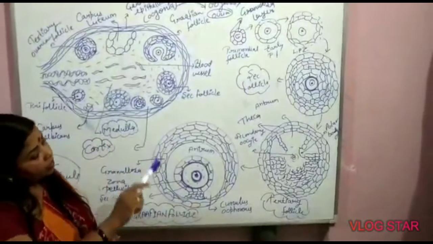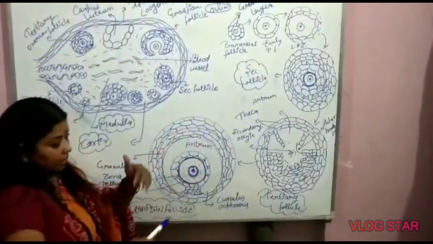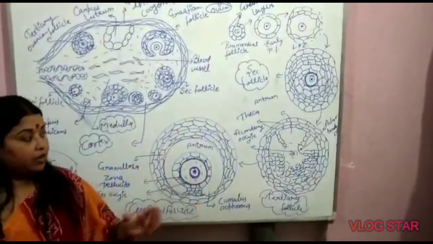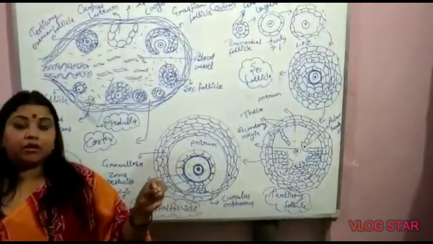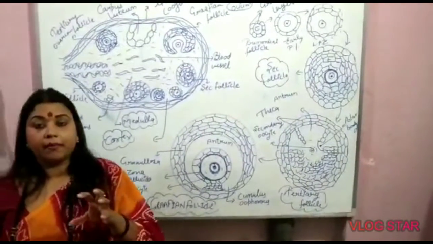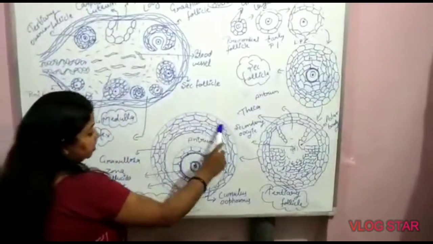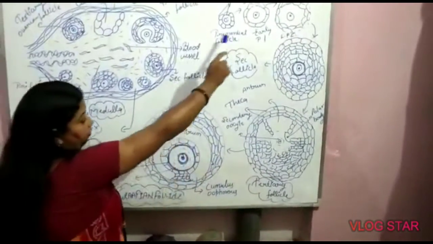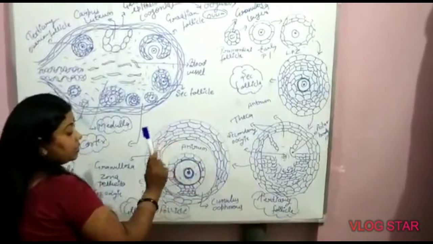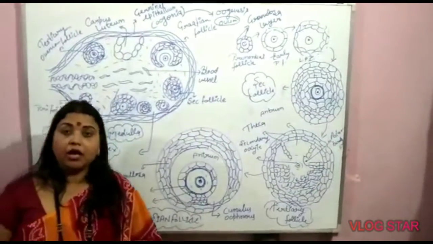During the follicular development, when these granulosa layers proliferate, they also secrete another hormone, that is estrogen. Means estrogen secretion also takes place during the follicular development, and this estrogen is secreted by the layer of granulosa.